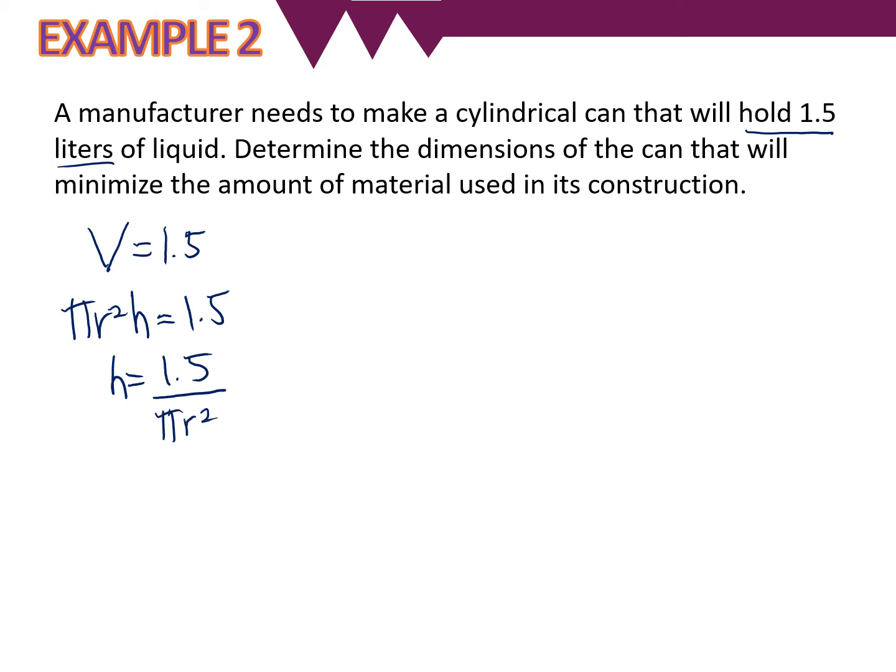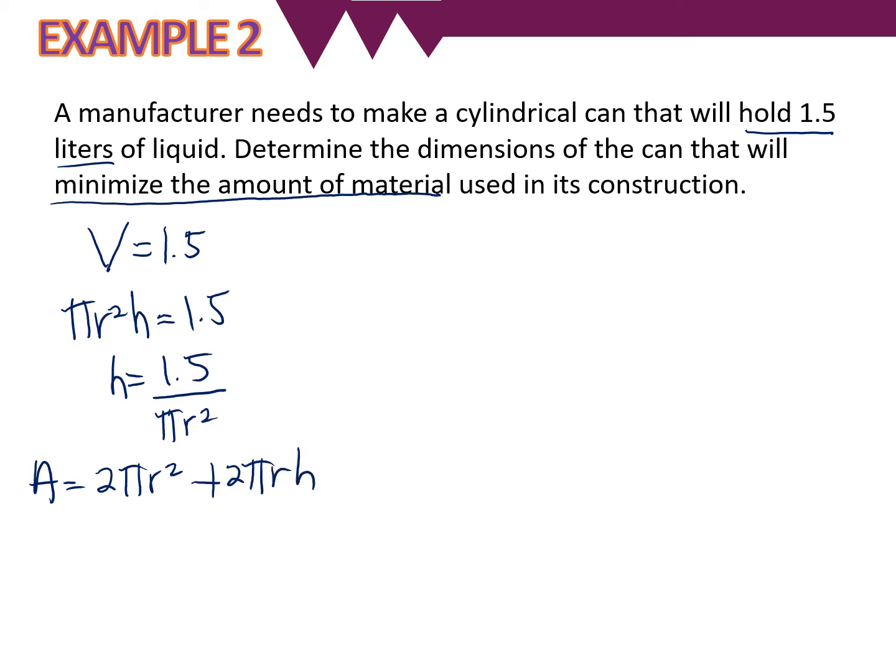And then the question asks us to minimize the amount of material. So this is referring to the area. So we must come up with the formula of area for a cylinder. So we will have area equals 2 pi r squared plus 2 pi r h.